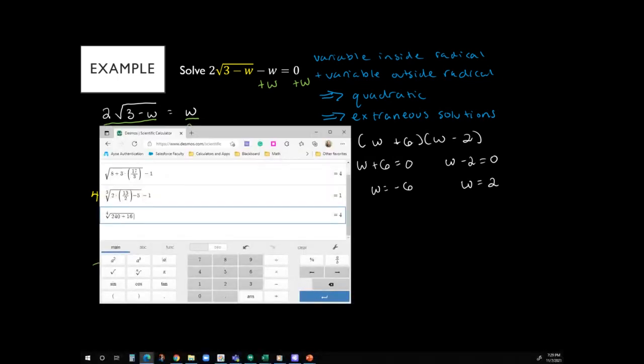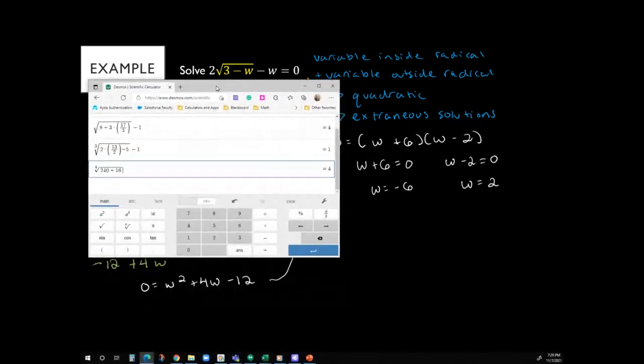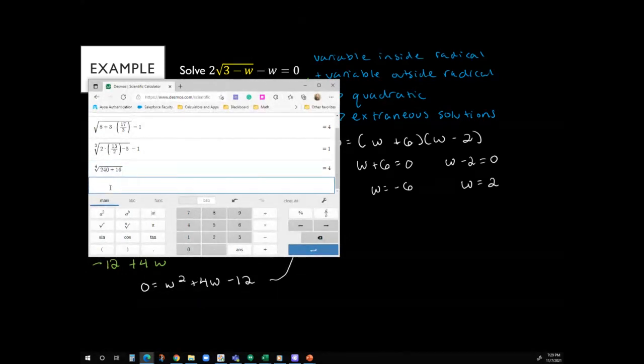So I'm going to bring up Desmos, and we need to check them in this original equation right here. So I have 2 times the square root of 3 minus, and then w here is going to be negative 6, so I can just put that in parentheses.